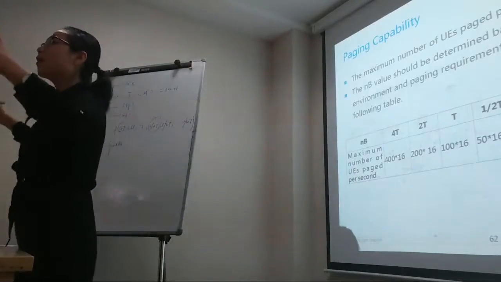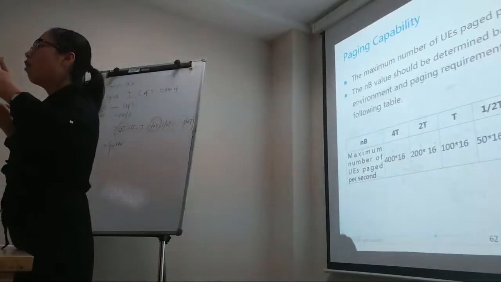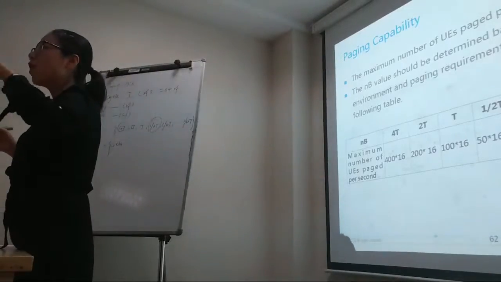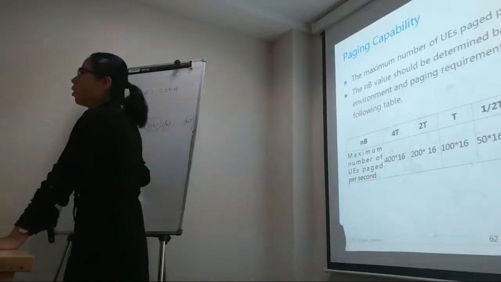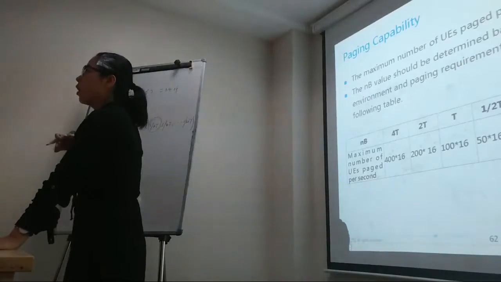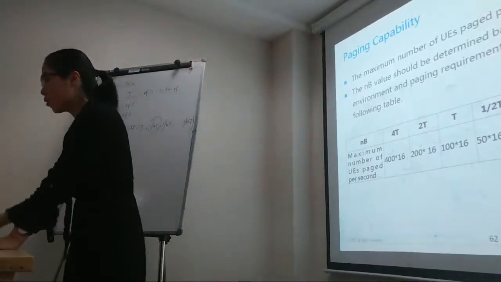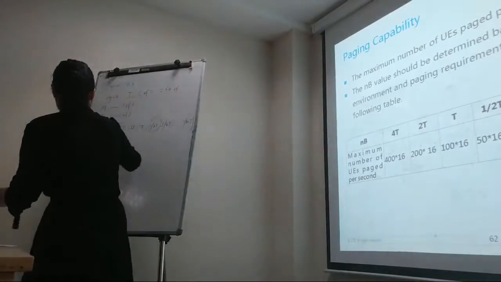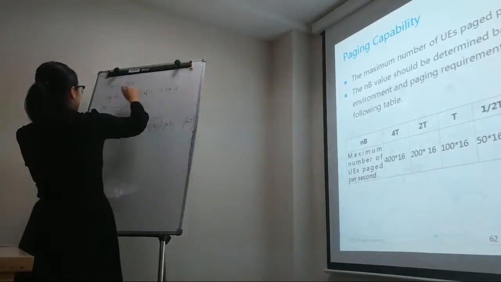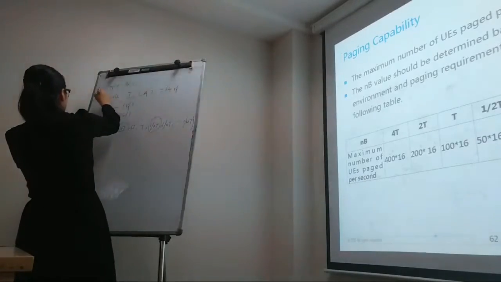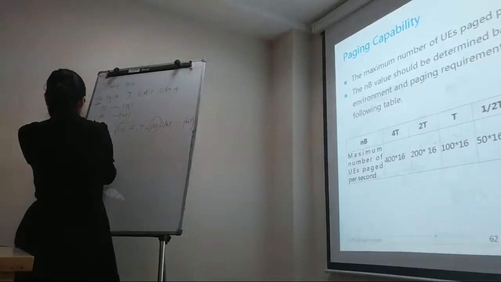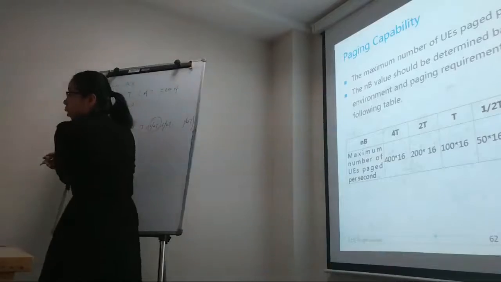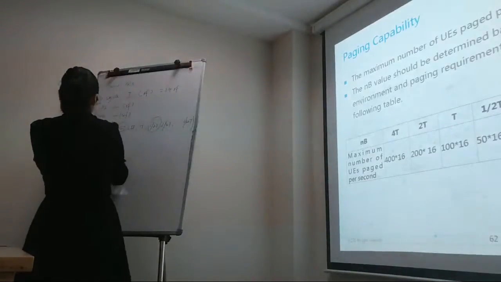So during one second, how many pages can the eNode B transmit? Here T is the UE DRX cycle. And nB is the paging number.